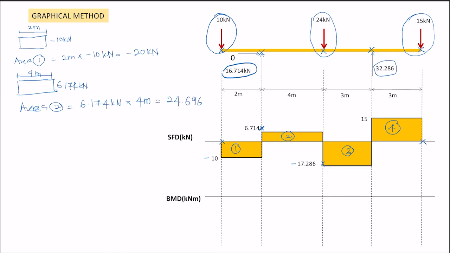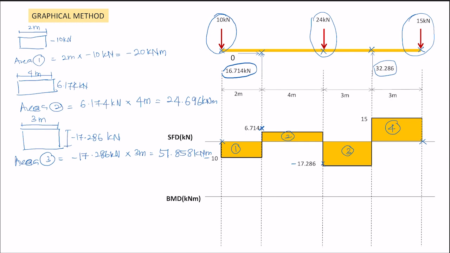24.696. Area number 3 is negative 17.286 and the width is 3 meter. Therefore, area 3 is negative 17.286 kilonewton times 3 meter, which is 51.858 kilonewton meter.